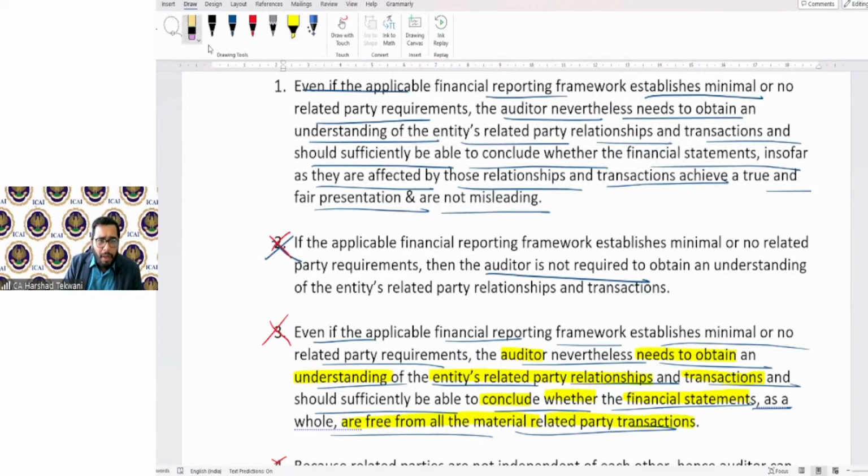Free from. Our responsibility is not to free the financial statement from all the material related party transactions.